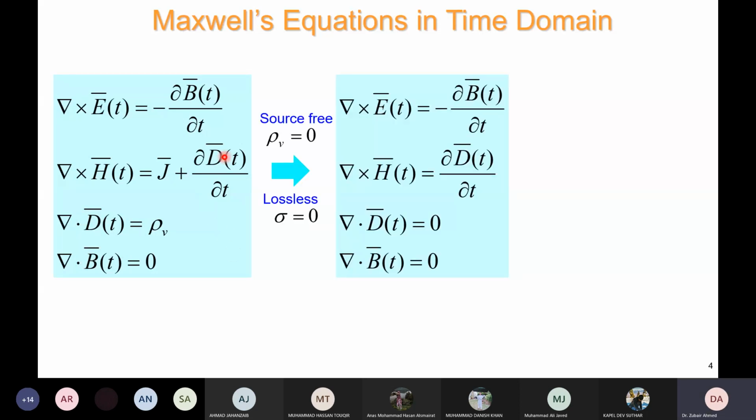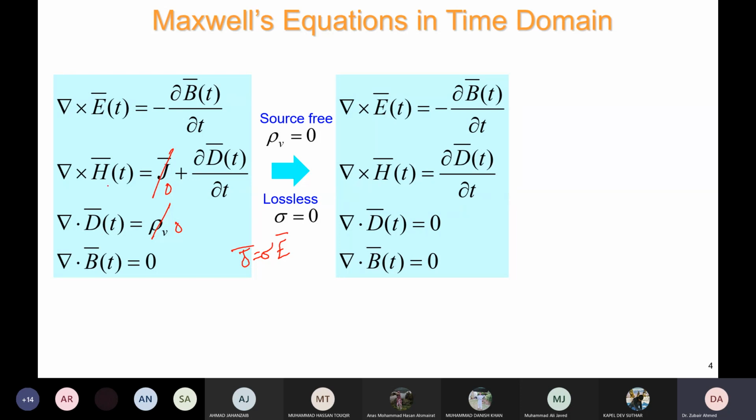Now we are considering waves in free space or in a lossless medium. In free space, there are no sources, so we will assume a source-free region. So this term will become 0. And because J is equal to sigma E, this is the conduction current term, and sigma is 0 for lossless media, this J term will also be cancelled.